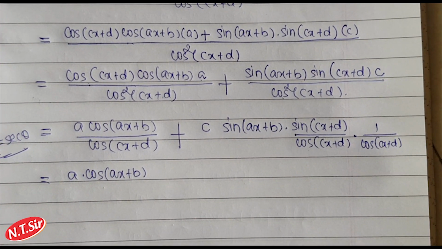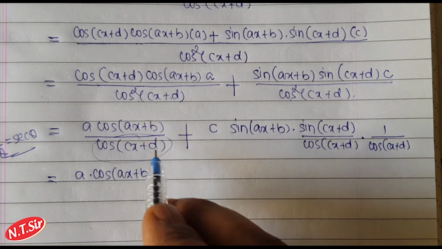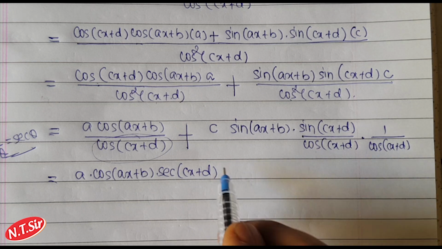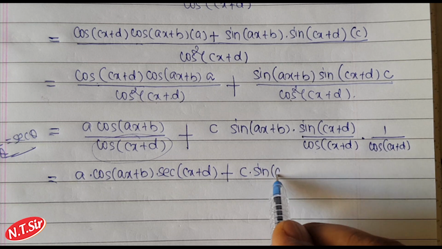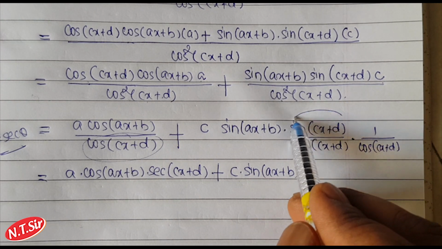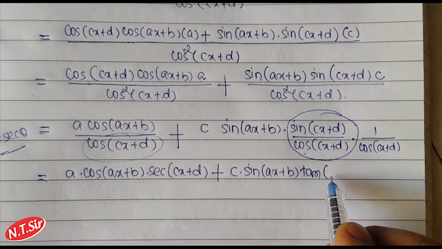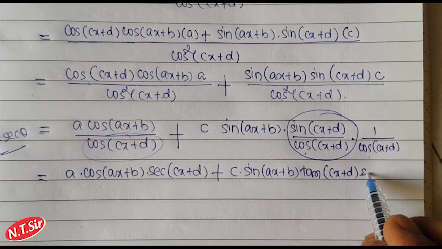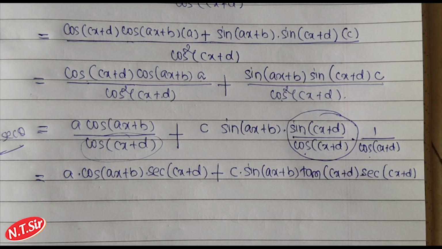So similarly here this is 1 upon cos(cx plus d), that is sec(cx plus d), plus c sin(ax plus b). Now this is sin upon cos, that is tan, so tan(cx plus d) into 1 upon cos is again sec(cx plus d), right? So this is your answer.